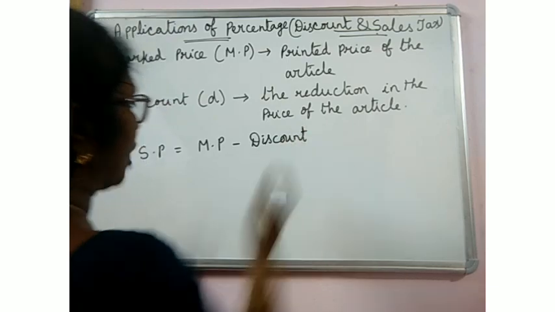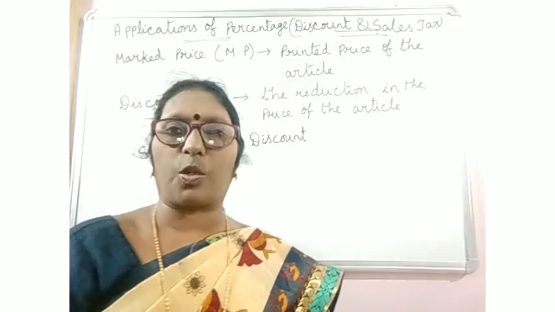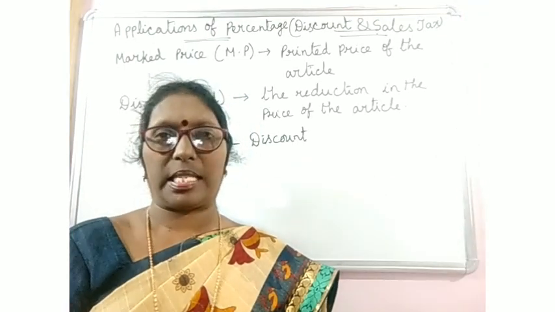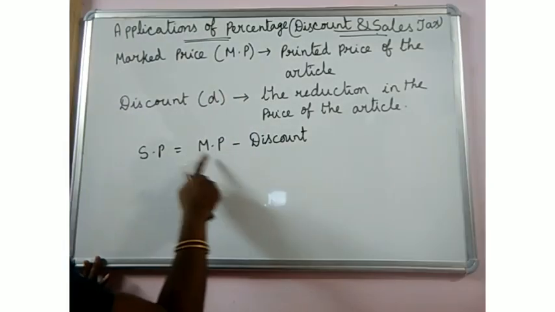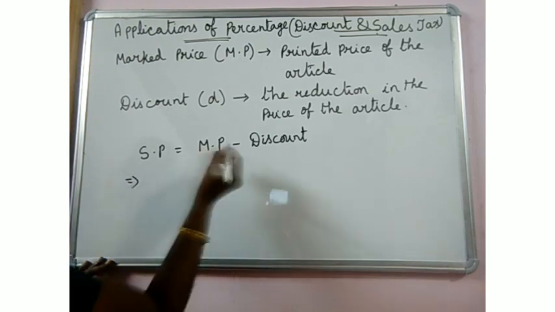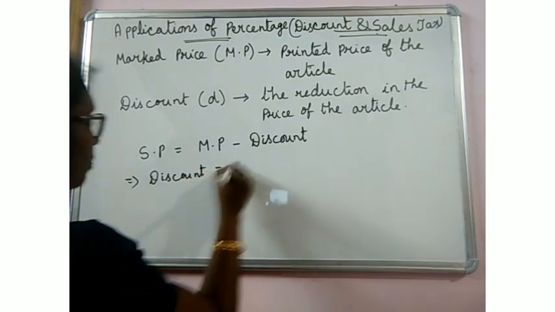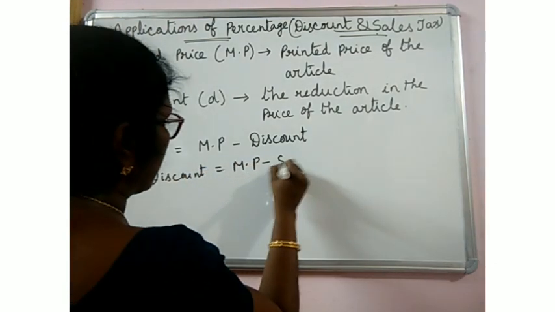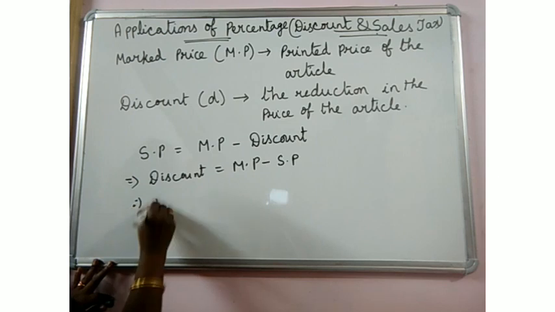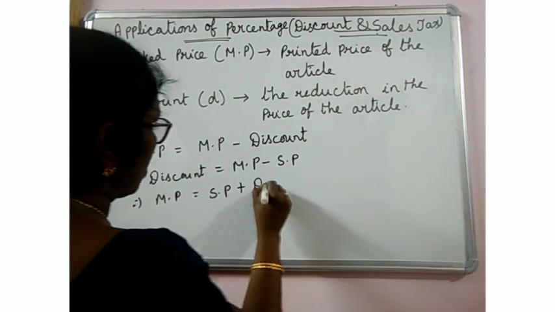So discount is calculated on the marked price. Selling price is equal to marked price minus discount. From these, two more formulas follow: discount is equal to marked price minus selling price, or marked price is equal to selling price plus discount.